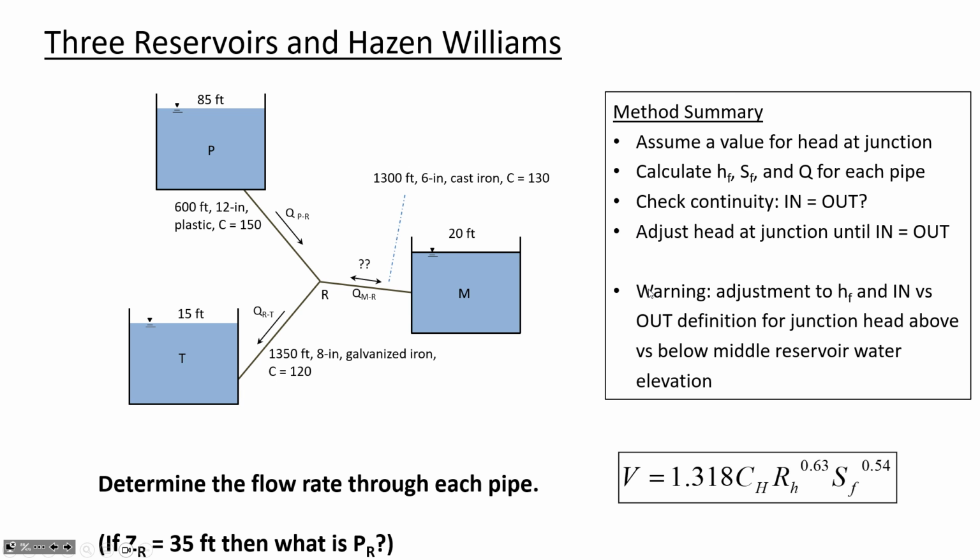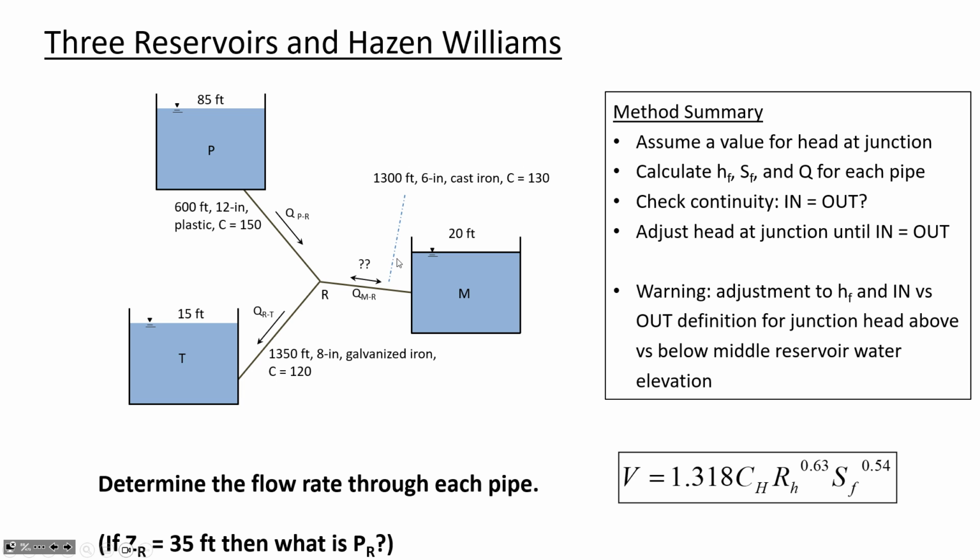So the method that's implied by that spreadsheet is that we're going to start with a guess for the head at the junction. That is how much energy is there at R. And then once I know how much head there is, it'll tell me whether the water's flowing into M or out of M. So for example, if I said H sub R is 21, so if I said the total energy at R is 21 feet, then is the water going into M or out of M?